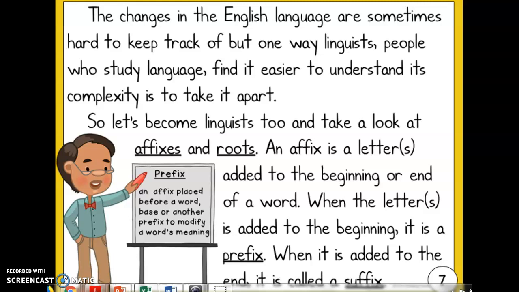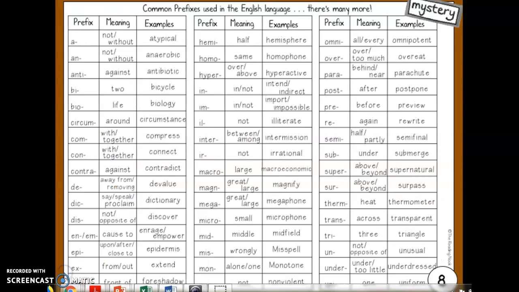A prefix is an affix placed before a word, base or another prefix to modify a word. Here you see a big list of common prefixes used in the English language, but there are many, many more. Please make sure you take the time to read this list of common prefixes.